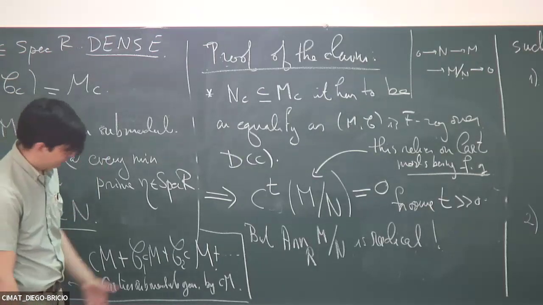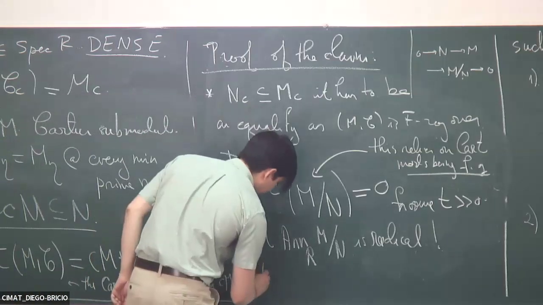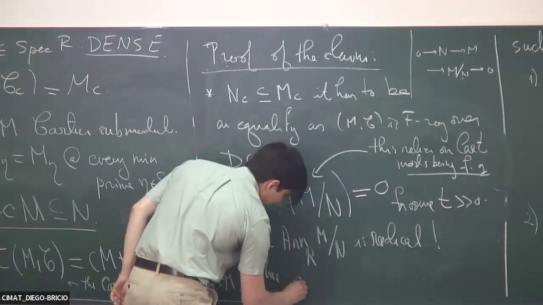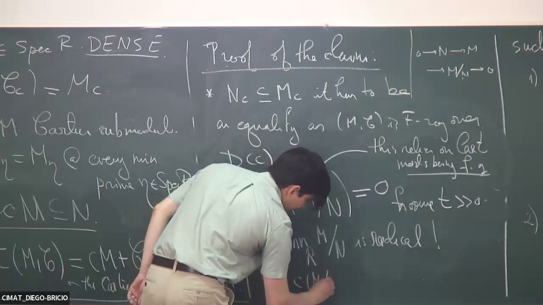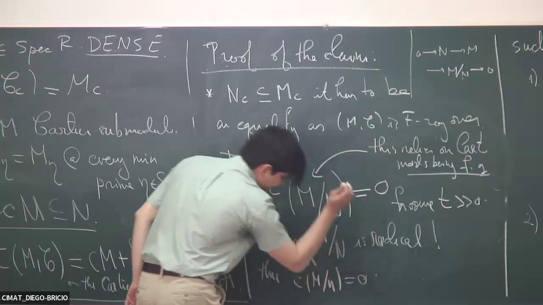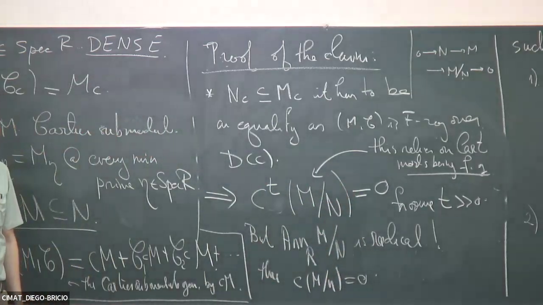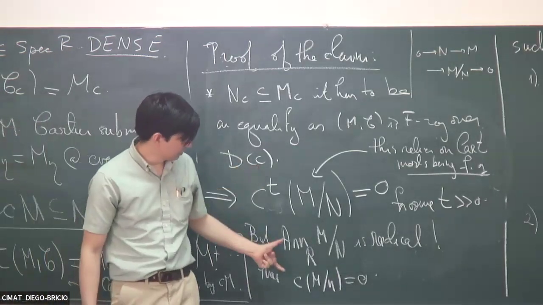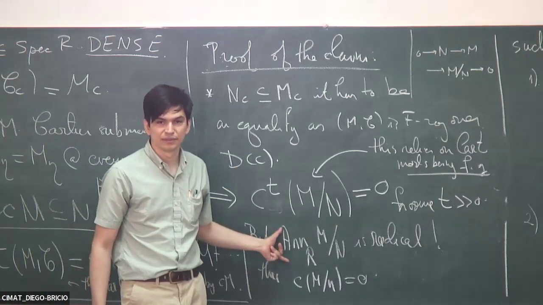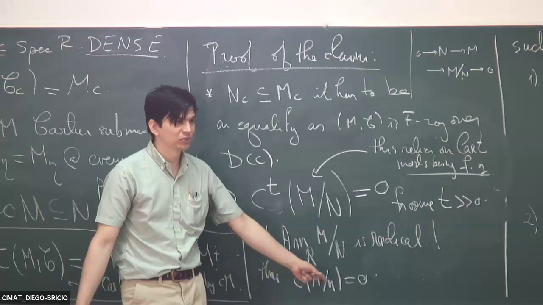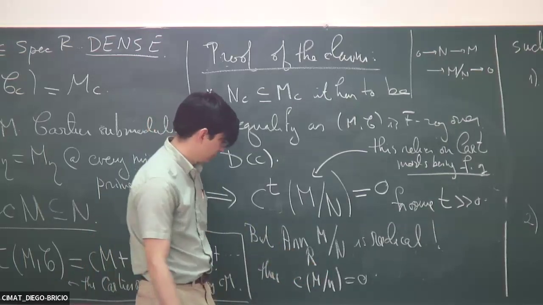Then it follows that c^t belongs to the annihilator, so then c has to belong to the annihilator of that quotient.